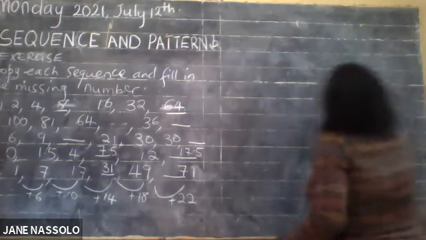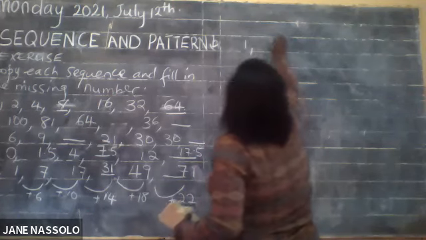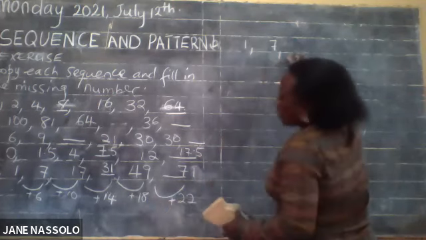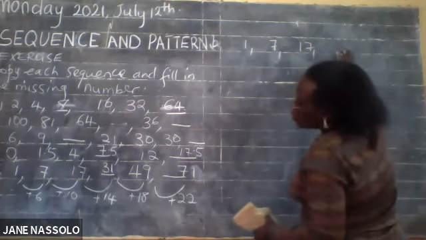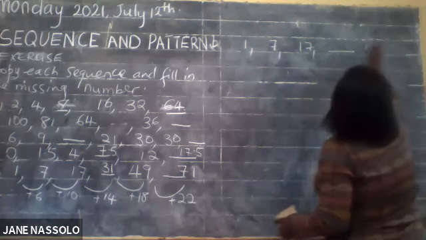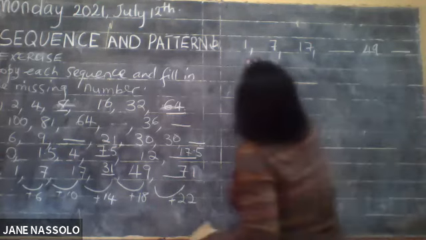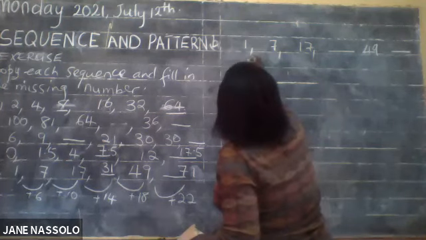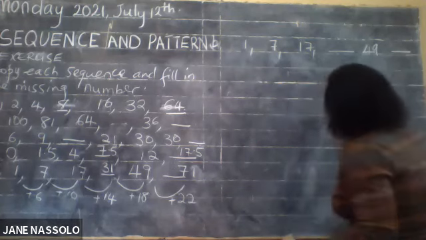It will work. Yes. We have 1, we have 7, we have 17, a dash, we have 49, and then a dash. If we add triangular numbers, I don't know whether we know what triangular numbers are.